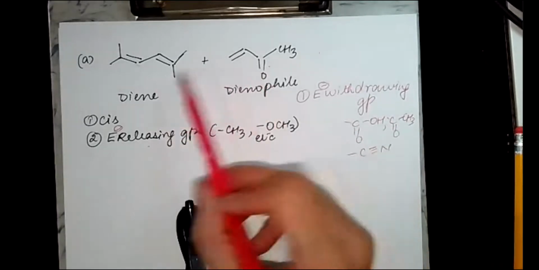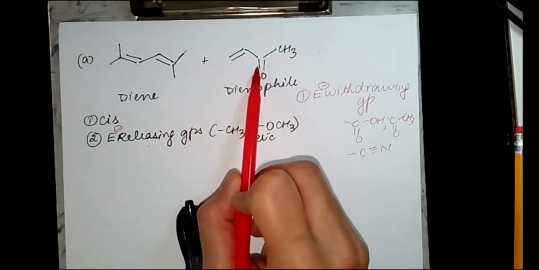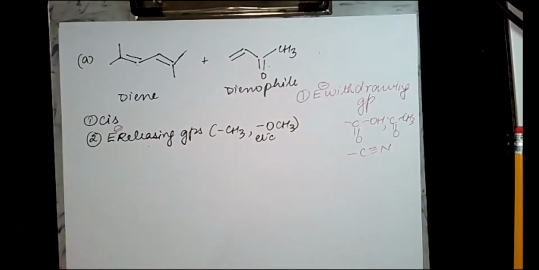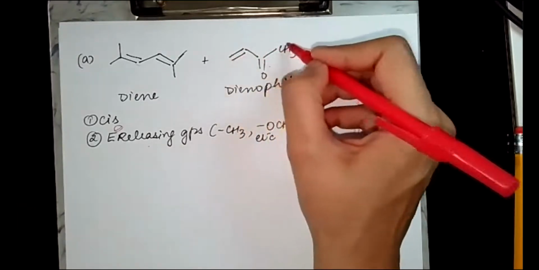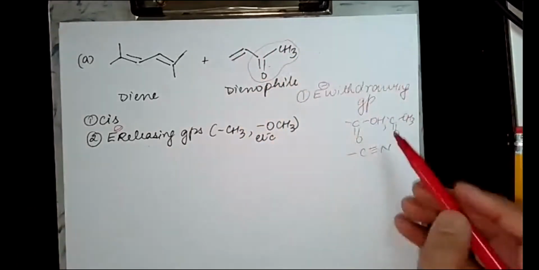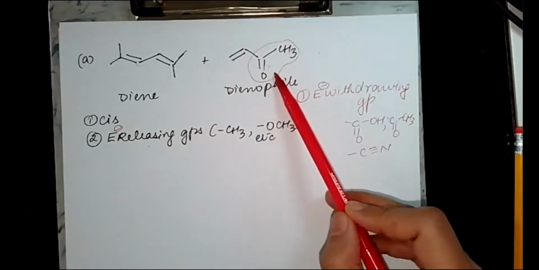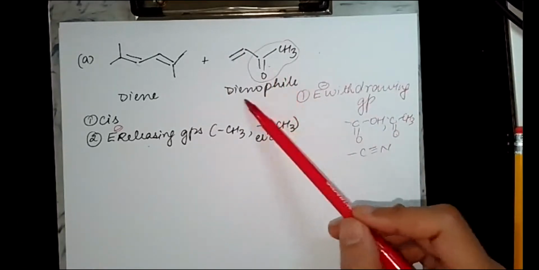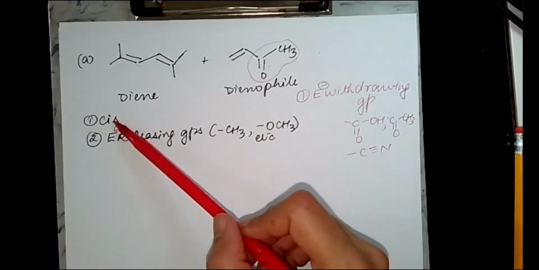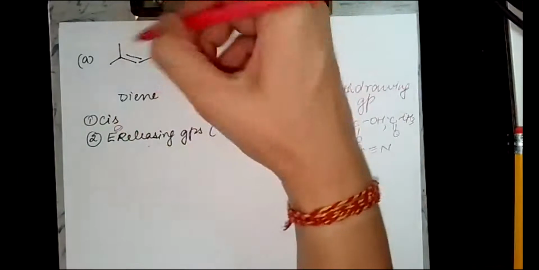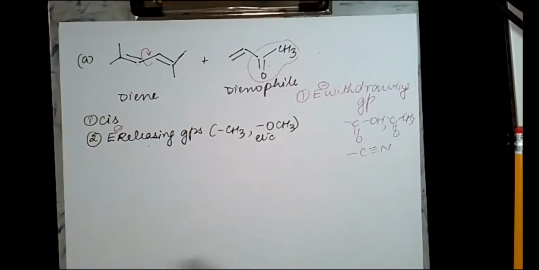So now if you look back, where is your diene and where is your dienophile? We see that on this alkene, you have a COCH3 kind of group. So this is going to be my dienophile, this is going to be my diene, but this is not in cis version. Can it come in a cis version?